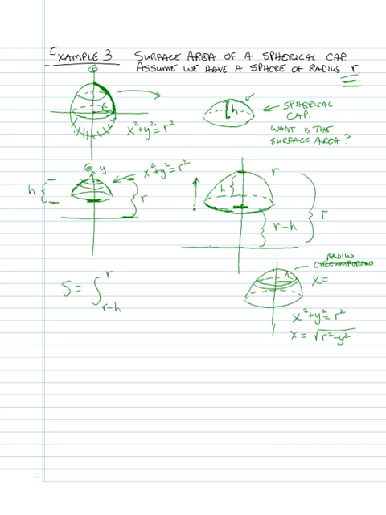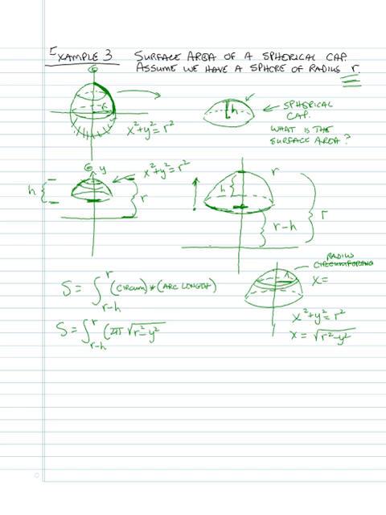So the circumference is going to be 2 pi times the radius. And so in here, remember, it's going to be circumference times arc length. That's what we're going to integrate. Now, we already have our limits of integration from r minus h to r. Circumference is 2 pi times the radius, and the radius is x, which is the square root of r squared minus y squared.